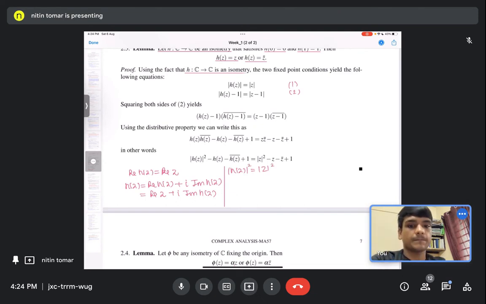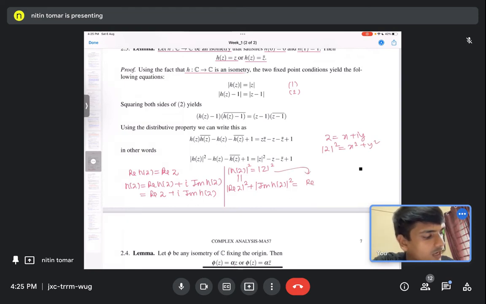On the LHS, this will be equal to the real part of z squared plus the imaginary part of H(z) squared. By definition, if z is equal to x plus iota y, where x is the real part and y is the imaginary part, mod of z squared is x squared plus y squared. On the RHS, you will have the real part of z squared plus the imaginary part of z squared.